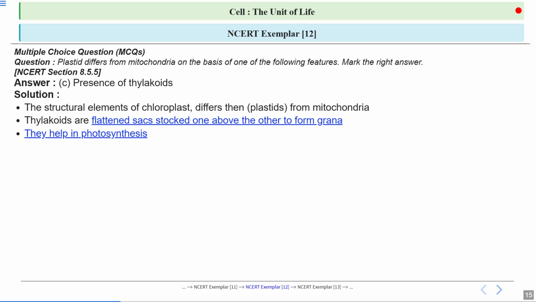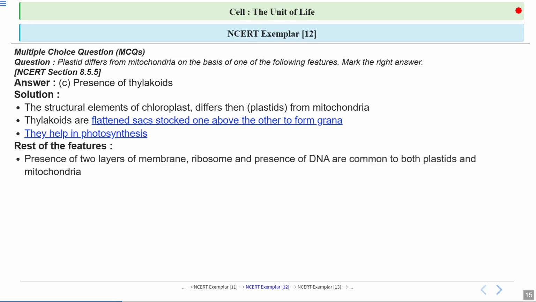The first step is the light reaction and the second one is the dark reaction, right? So this grana structure or the thylakoid structure has what function? They are taking part in the light reaction. The stroma part, the liquid part that is present inside the chloroplast, is also called the stroma matrix. That is taking part in the dark reaction, right?